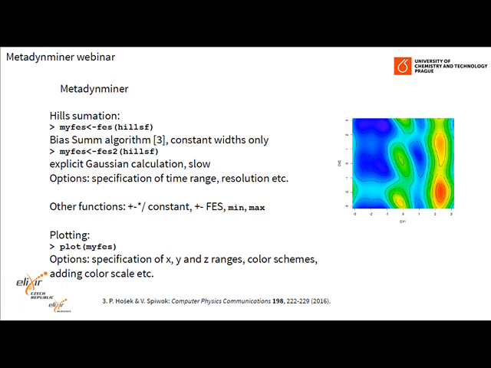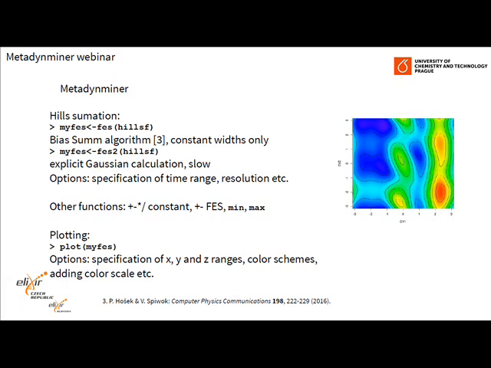Once you calculate the free energy surface, you can add or subtract a constant value, you can multiply it by a constant value or divide by a constant value, so you can easily, for example, switch from kilocalories to kilojoules or something like that. You can add or subtract two free energy surfaces, and you can calculate the minimum or maximum.